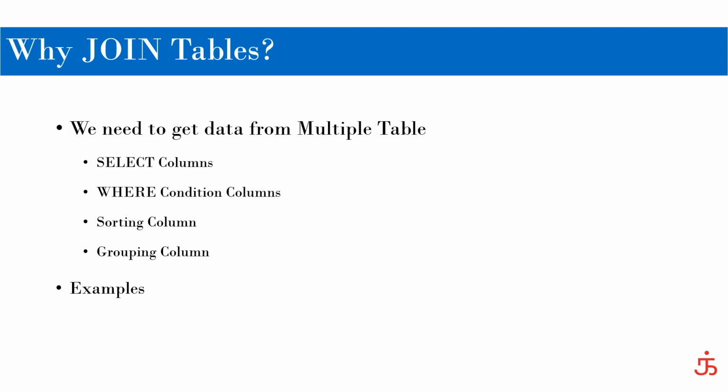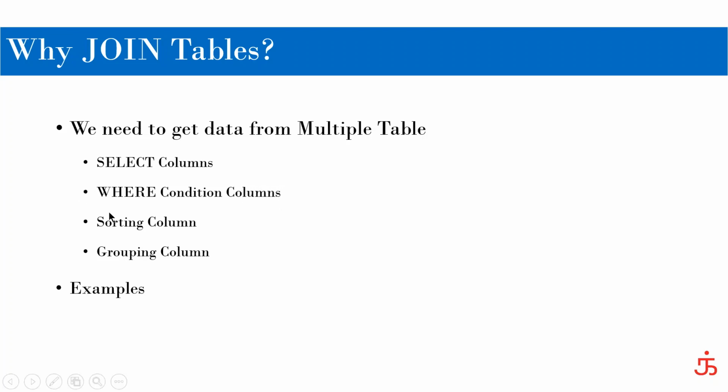In some cases we will be getting data from two tables. We will be selecting a few columns from one table, a few columns from a second table, a few columns from a third table, and so on. In some situations, the filter condition will be based on the second table, whereas the select columns are from the first table. For example, if I want to see the sales data only for restaurants belonging to Bangalore, then I have to apply the filter on the restaurant table, but the sales data has to come from the order item table.